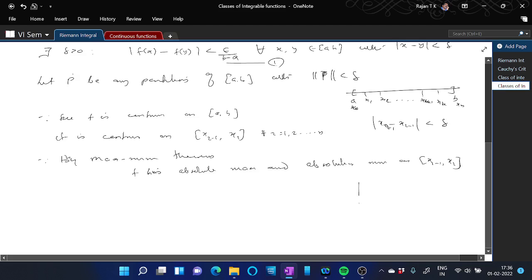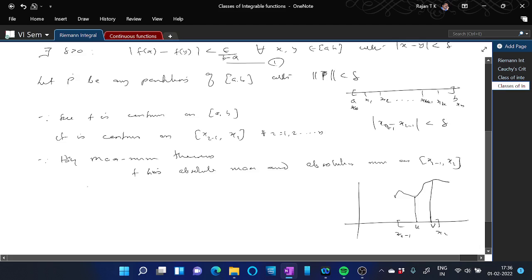So it is something like this. Suppose this is the interval that we are getting, [x(i-1), xi], and suppose this is the part of the curve in the interval, then the function may have a minimum at the point u and maximum at the point v.